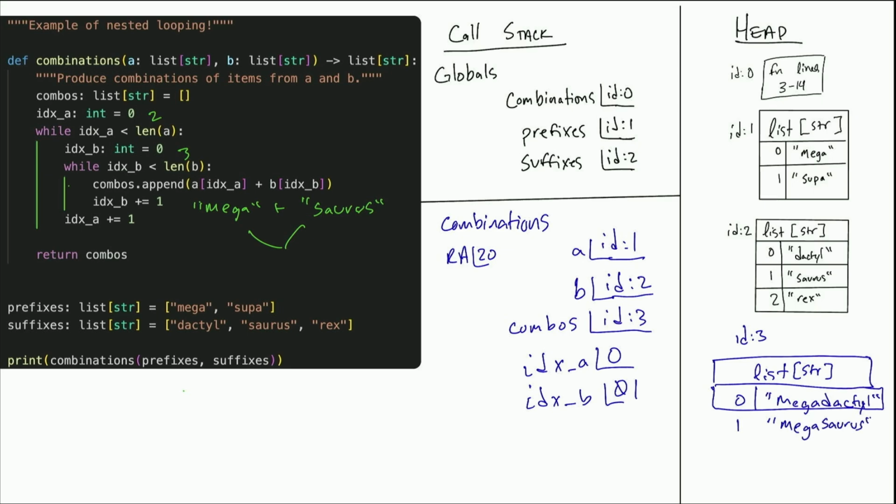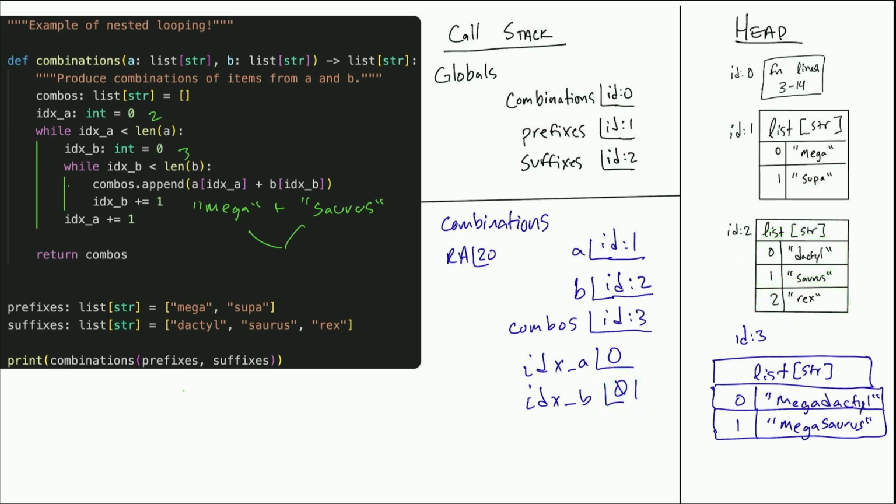And hopefully at this point, you're starting to see a pattern and a little bit of the purpose of this particular function. We're combining the combinations of list 1, right, with list 2. And so far we've combined mega with dactyl and Saurus because we've worked on index 0 of A, right, and index 0 and 1 of B, and we're about to go do the same thing with index 2.